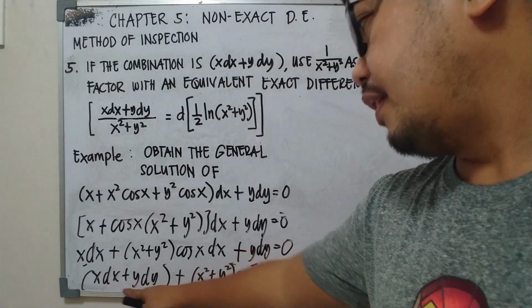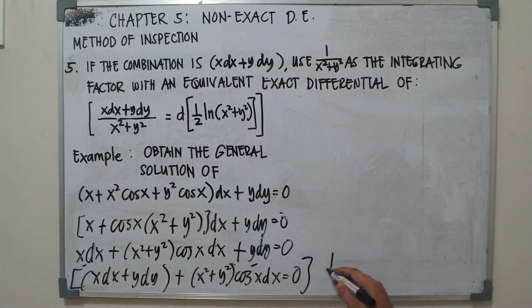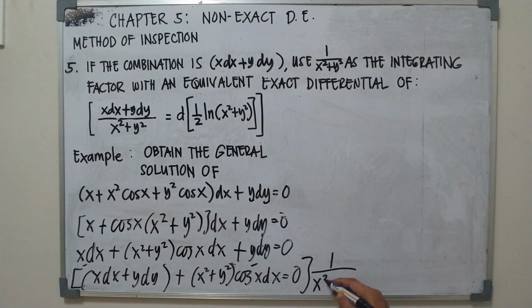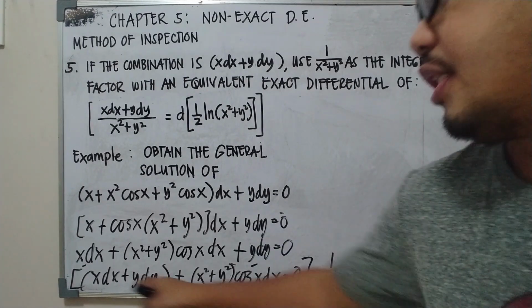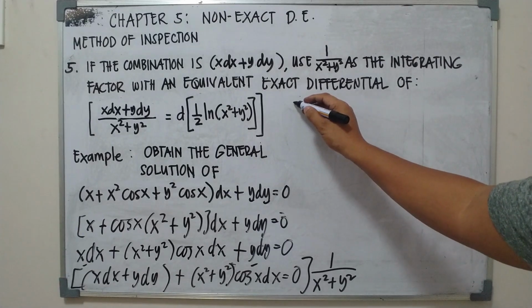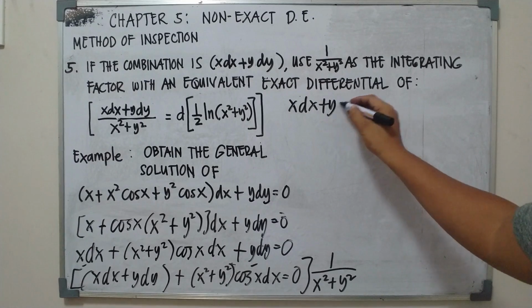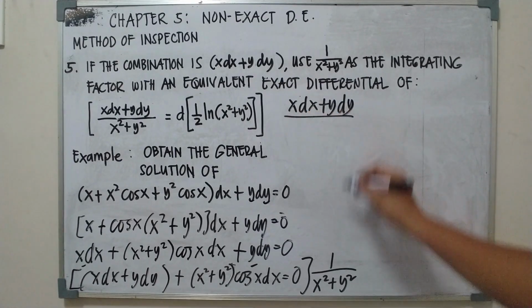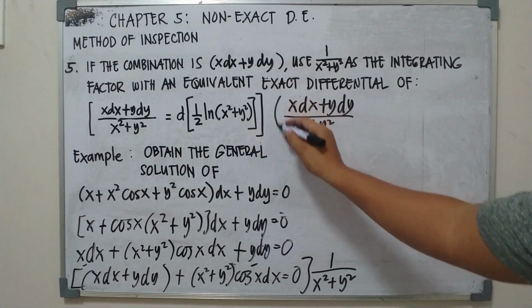Okay? So, since you have this combination, so multiply both sides by 1 over x squared plus y squared. So, here, distribute mo na. Ang unang term mo multiply by this 1 over x squared plus y squared. So, we have x dx plus y dy over x squared plus y squared. Okay?